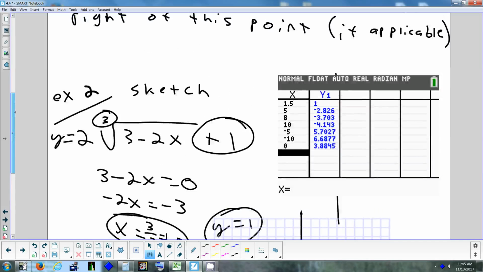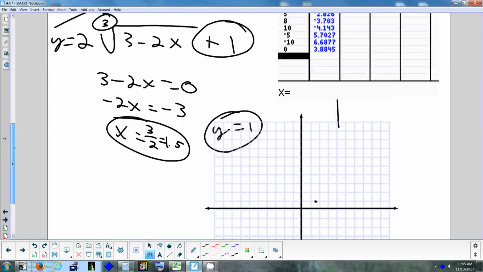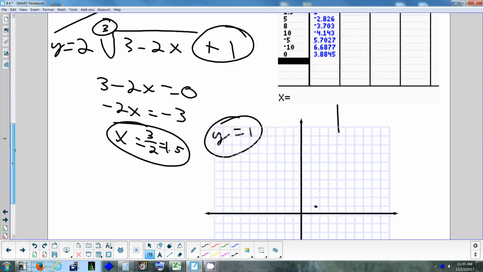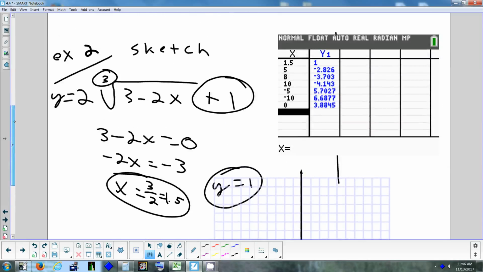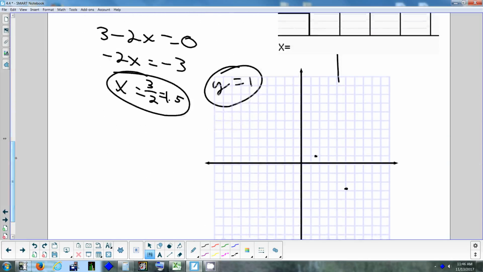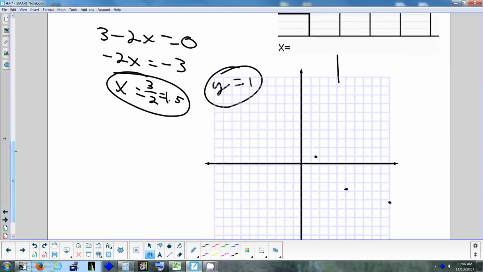All right, so let's see what we got. We got 1.5, 1. We've got 5, -2.8. Let's see, 10, -4.1. And I think I had one more in there. What did I have? 8. Yeah, 8, -3.7.